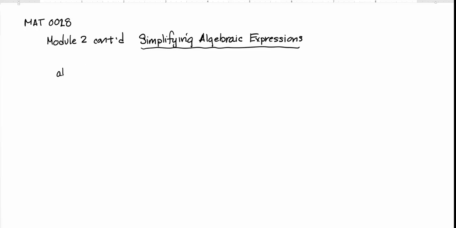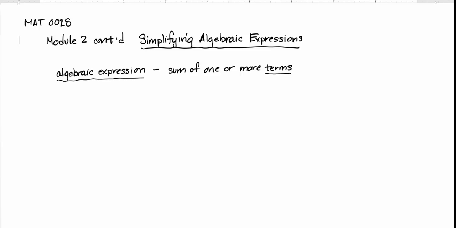An algebraic expression is the sum of one or more terms. Okay, so you say, well, what's a term, right? So let's define what a term is.